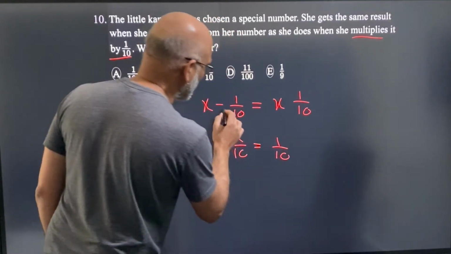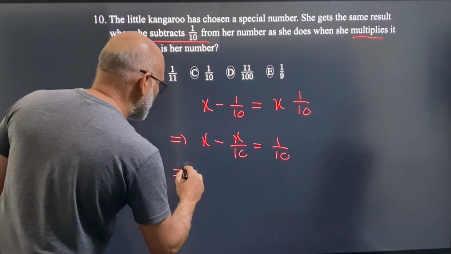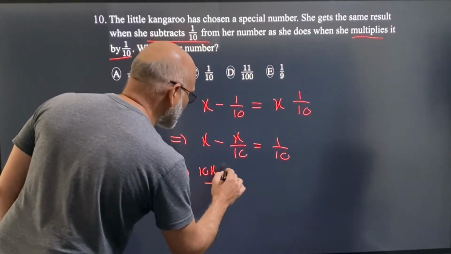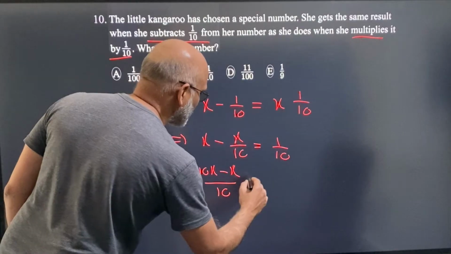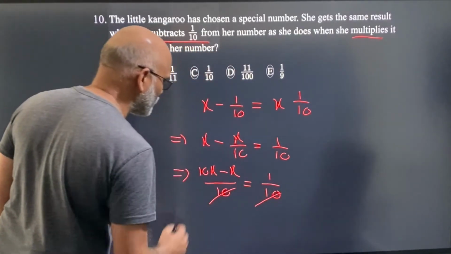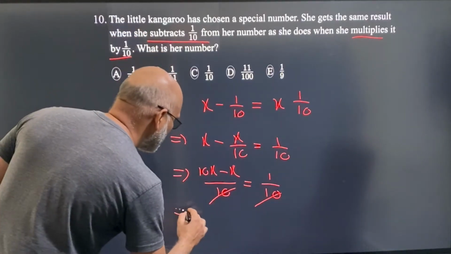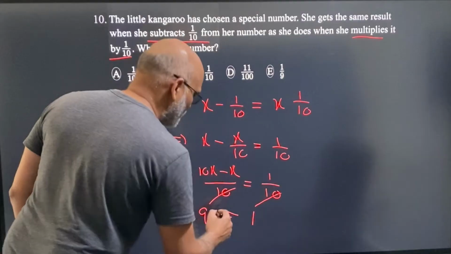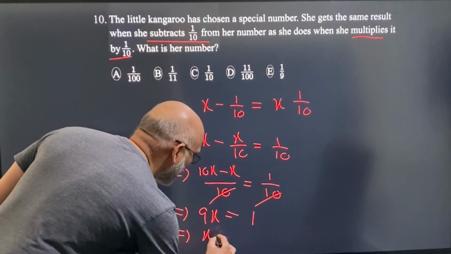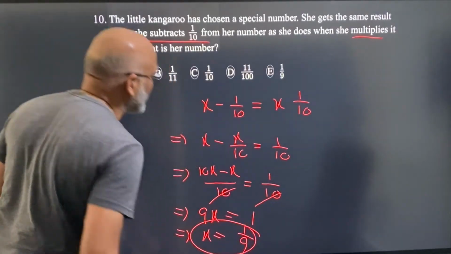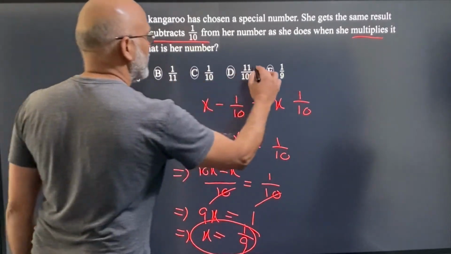The negative becomes positive. This gives me 10x minus x is equal to 1. This 10 cancels out. This 10x minus x is 9x is equal to 1. So basically x is, I take the 9 to the other side, 1 over 9, right? Then that is the correct choice.